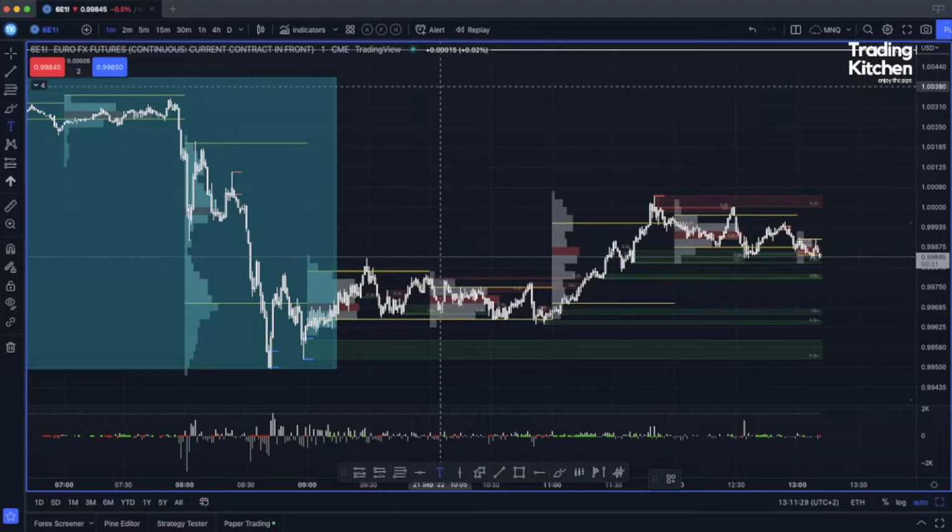In my opinion, $100 or $150 invested on this kind of professional trading tools and trading platform is a very good thing.